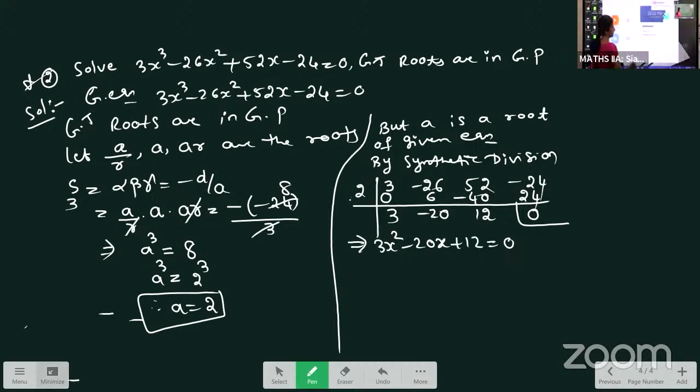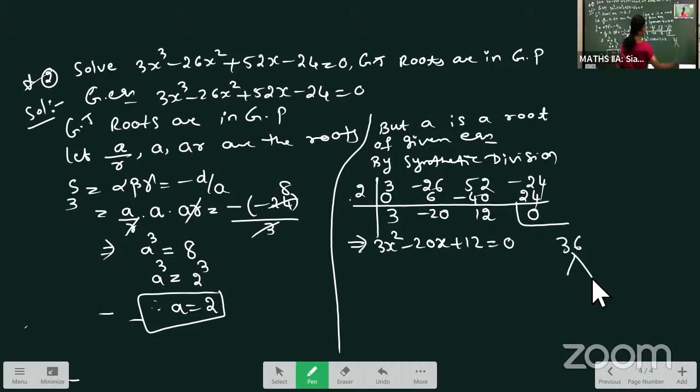It is a quadratic equation, right? Now 12 threes are 36. We want factors of 36. 6 sixes are 36, 18 twos are 36, and 18 plus 2 is 20. So take minus 18 and minus 2.